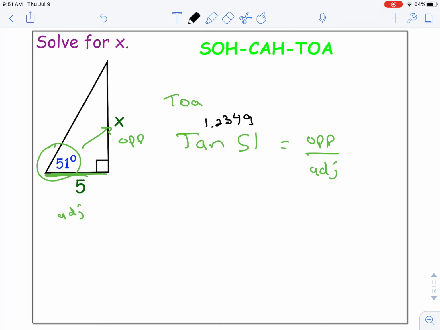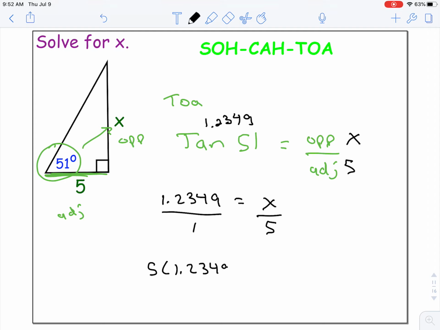So now what I really have is when I take the opposite side, which is x, and divide it by the adjacent 5, what I really have is 1.2349 is equal to x over 5. And if I put a 1 under this, I could just cross multiply, and I get 5 times 1.2349 is equal to x.